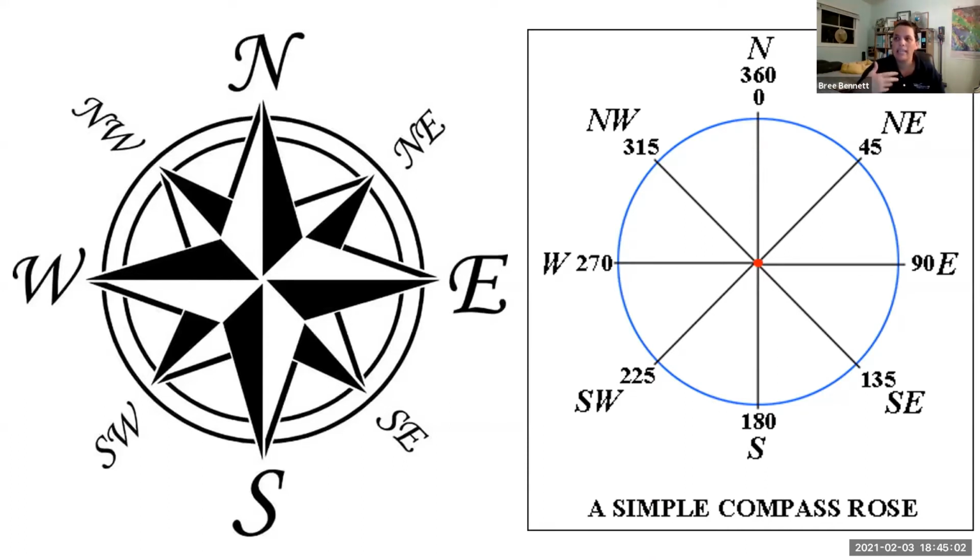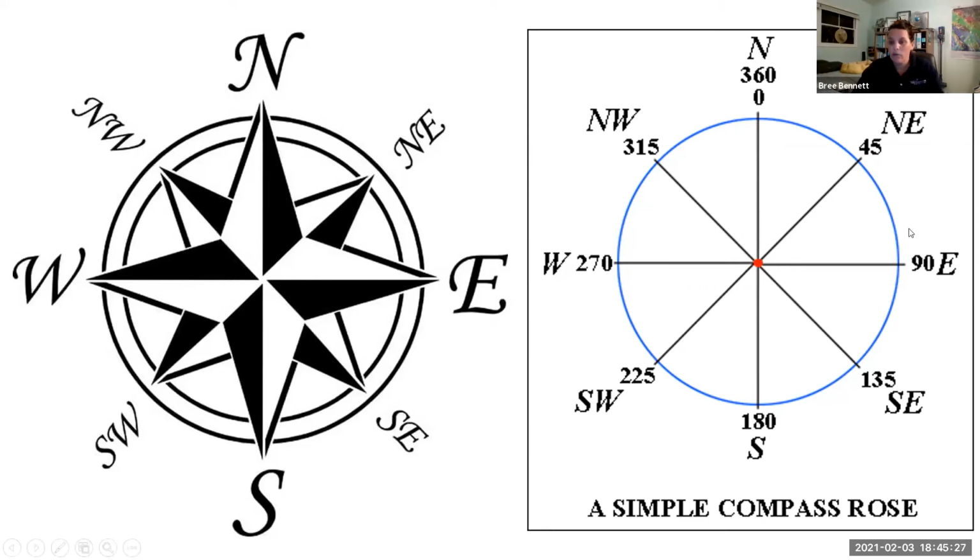It depends on your crowd, how familiar they are with the number values versus the word values. Northeast is the same as 045, or west is the same as 270.